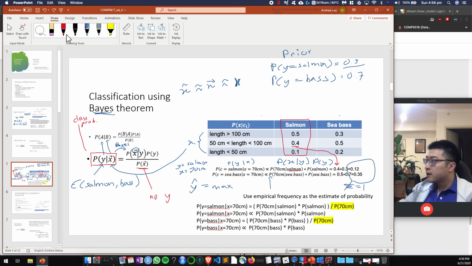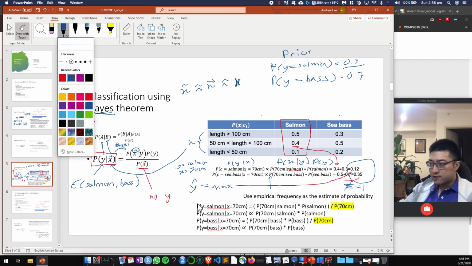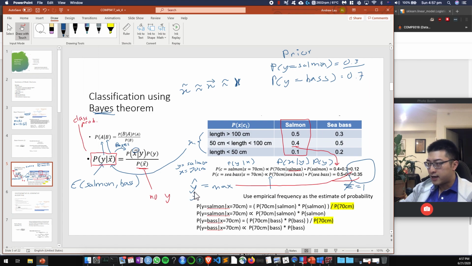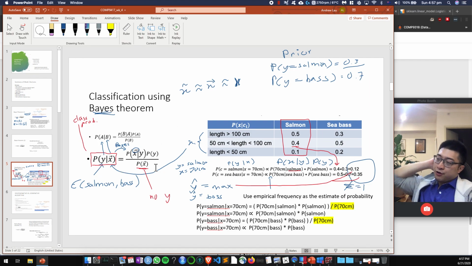You take the maximum of both this 0.12 and the 0.35, and in this case you can see that the maximum is CBAS. So given the data you've seen, you predict CBAS because it's more likely, which makes sense, right? I mean, you generally want to predict something which is more likely based on your model. Okay, so that's the basic Bayes classifier.